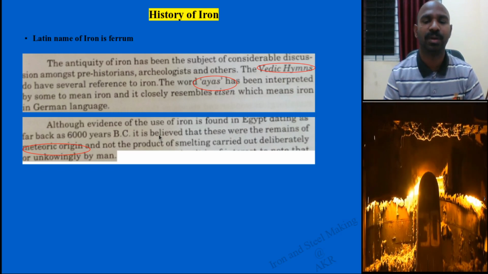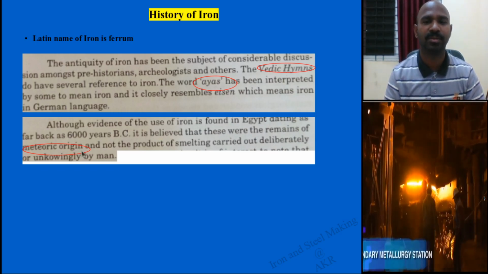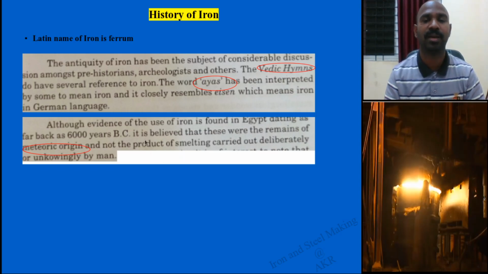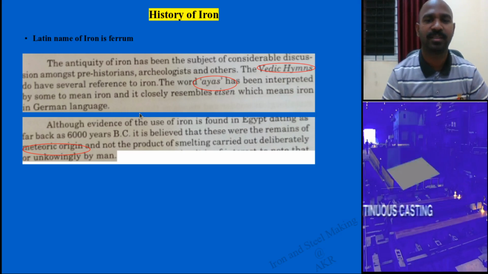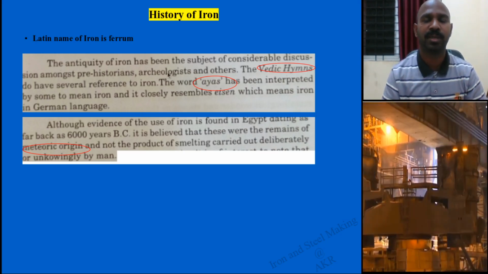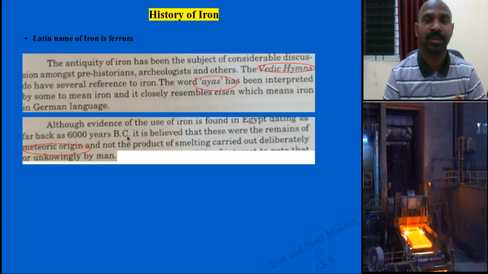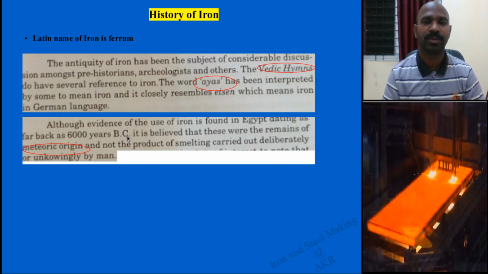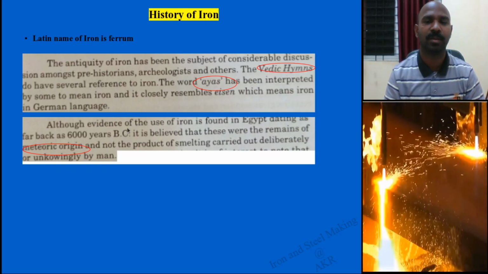It was found that it is of meteoric origin, meaning during the earth formation this iron ore form of material was also developed. It is not a man-made material, as confirmed by present technology, scientific theorems and experimentation. It has been concluded that it was existing 6000 years BC.